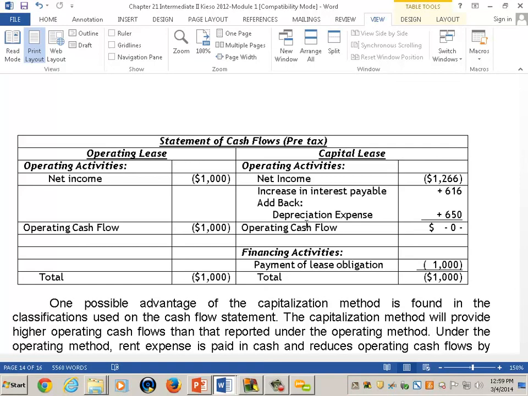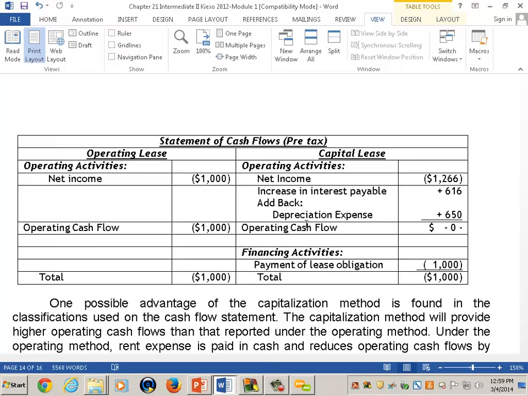When you look at the capital lease, net income is reduced by 1266. Interest payable, an increase in liabilities, represents interest you didn't pay, added back. Amortization or depreciation gets added back, so there are zero operating cash flow effects, and of course everything comes to financing. Now, same cash flow, same tax, but notice here's another, I guess, endorsement for a capital lease, it has higher operating cash flow.